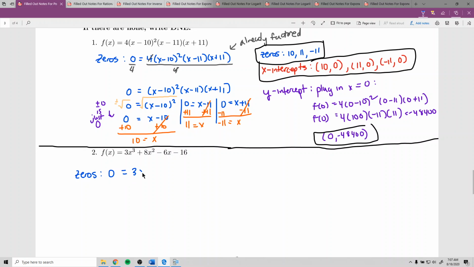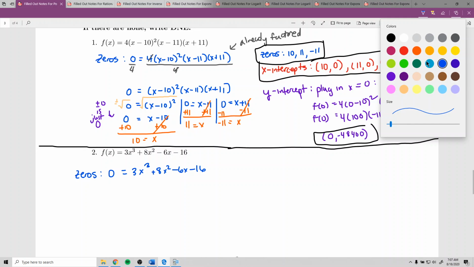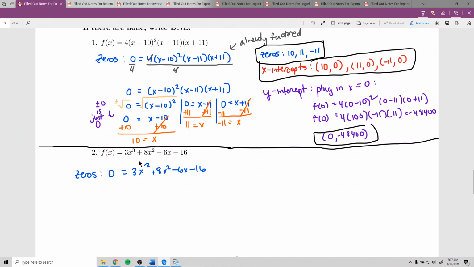Got 0 equals 3x cubed plus 8x squared minus 6x minus 16. And this is something that we cannot use the quadratic formula for because we have an x cubed. I know we have that new tool now, but we cannot use it here to solve for x.